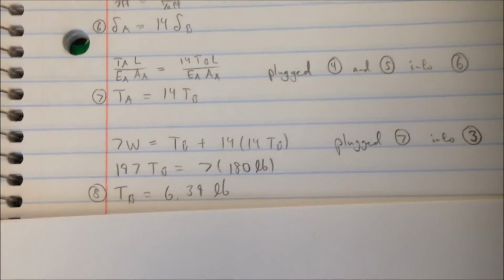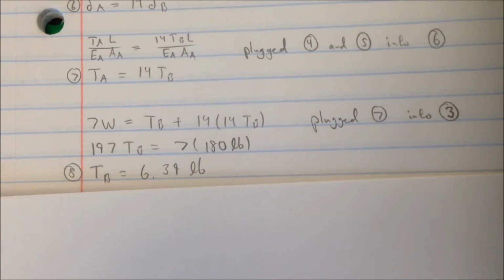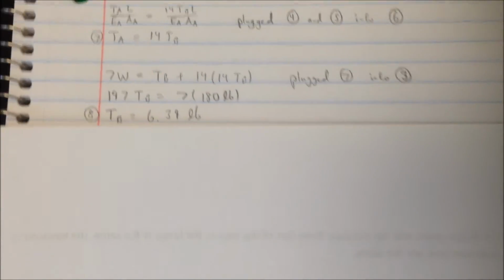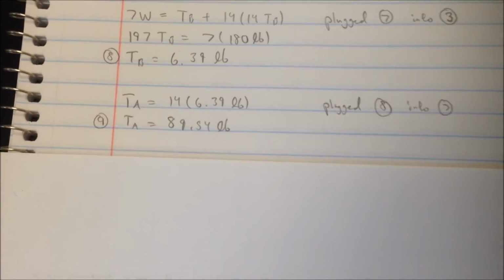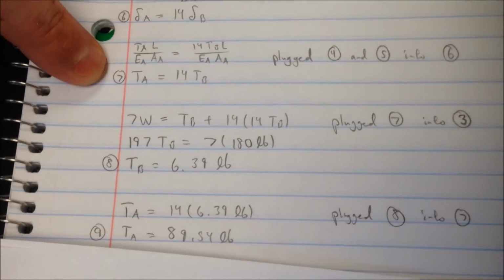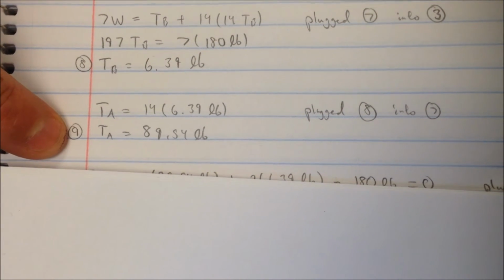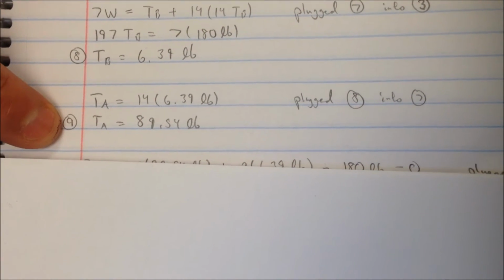In doing that, we can solve for the tension in B, which comes out to be 6.39 pounds. Now plugging the tension of B back into our equation 7 up here, we can find that the tension of A is 89.54 pounds.